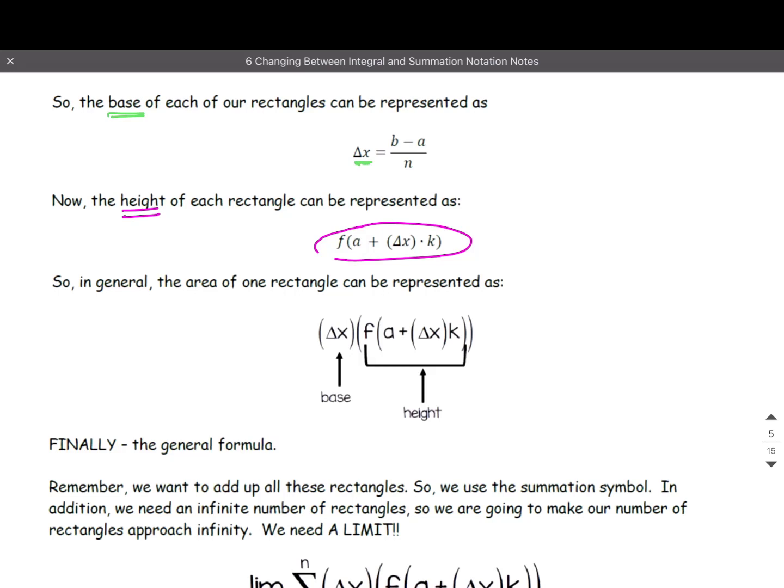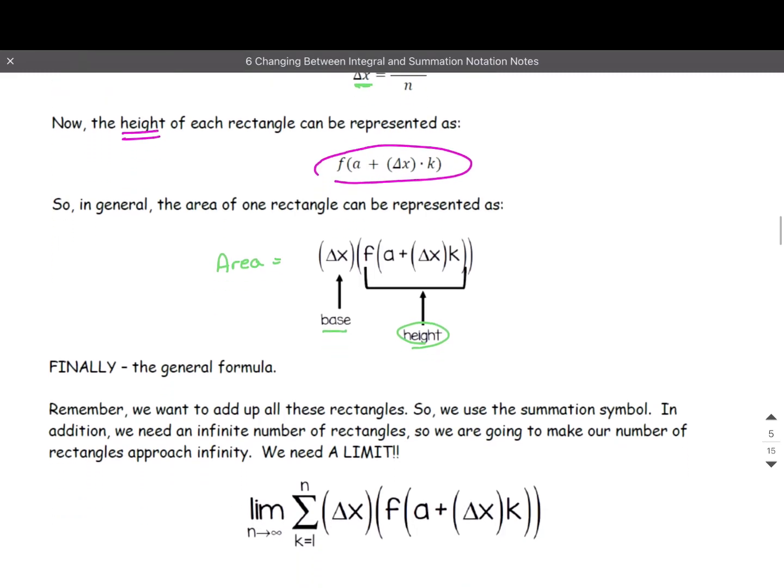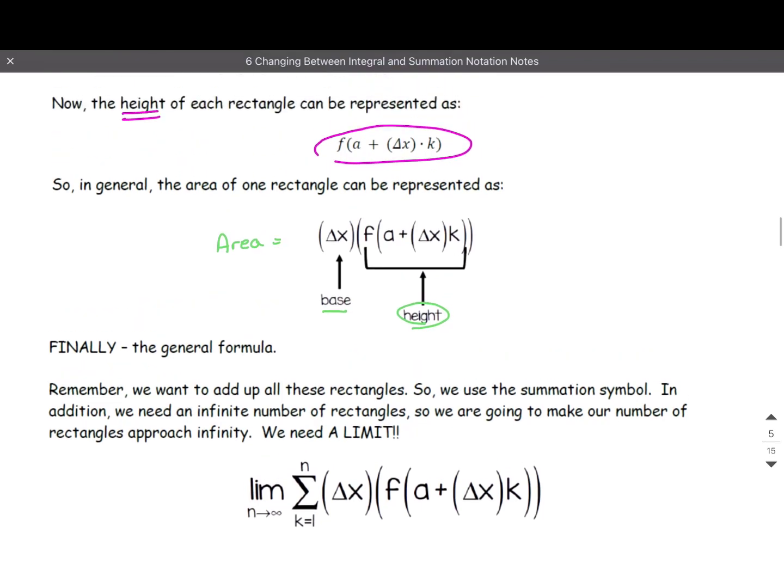So if we want to find the area of the rectangle, we do the base delta x times the height of the rectangle, which is that function value evaluated at a plus delta x times k. Now that's the area of one rectangle. We have to add up all the rectangles. So if we want to add up all the rectangles, we use a summation as k goes from 1. Now k is the variable that's going to count how many rectangles we have.